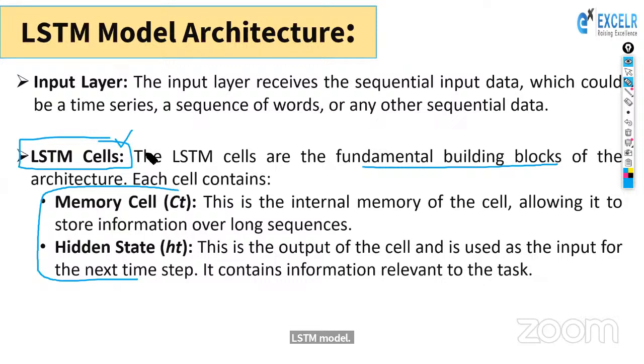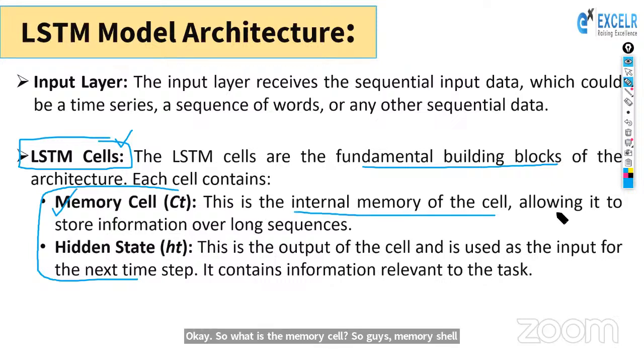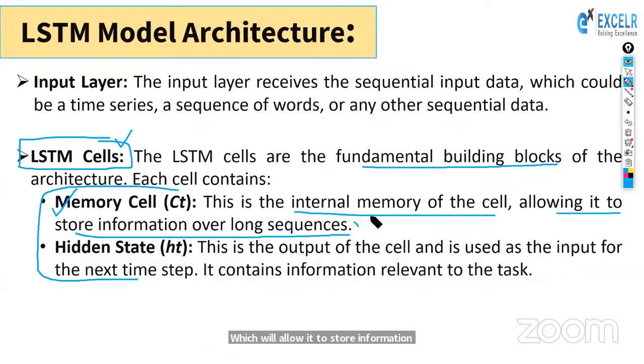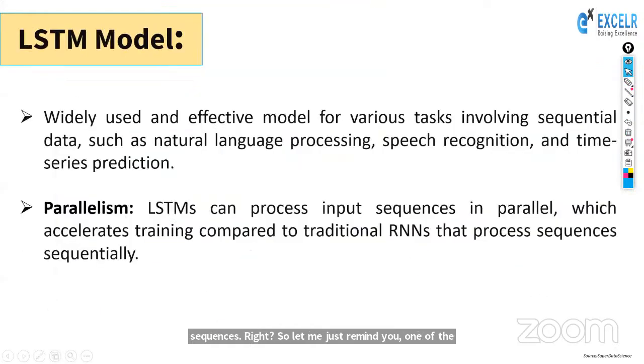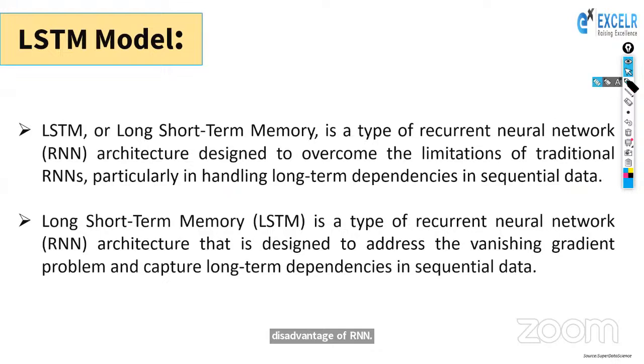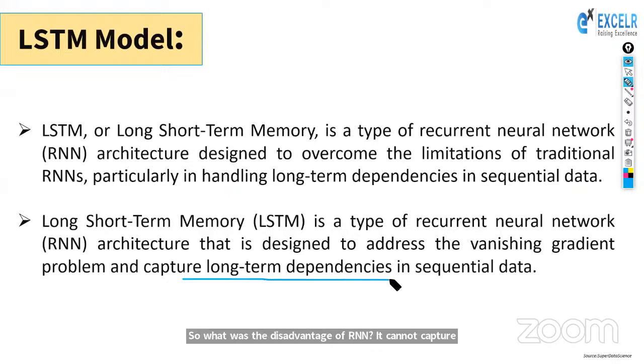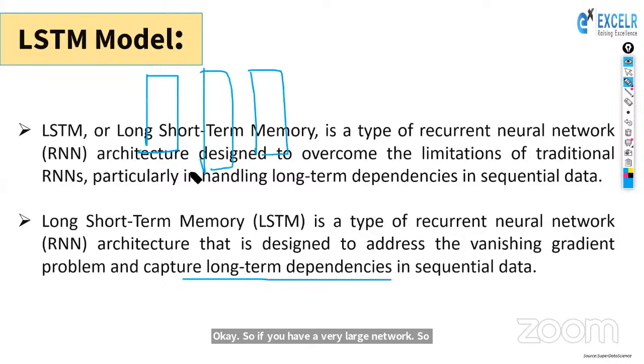Okay. So what is a memory cell? Guys, the memory cell is the internal memory of a cell, which allows it to store information over long sequences, right? Let me remind you of one of the disadvantages of RNN. What was the disadvantage of RNN? It cannot capture long-term dependencies, right? If you have a very large network, it cannot remember the information or insights from layers which are far away from the output layer.